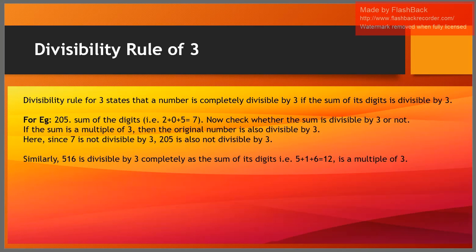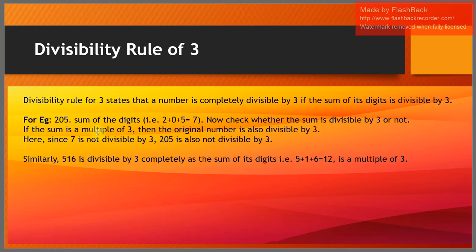Next, divisibility rule of 3. Divisibility rule of 3 states that a number is completely divisible by 3 if the sum of its digits is divisible by 3. For example, 205. The sum of the digits, that is 2 plus 0 plus 5, is equal to 7. Now check whether the number is divisible by 3 or not.